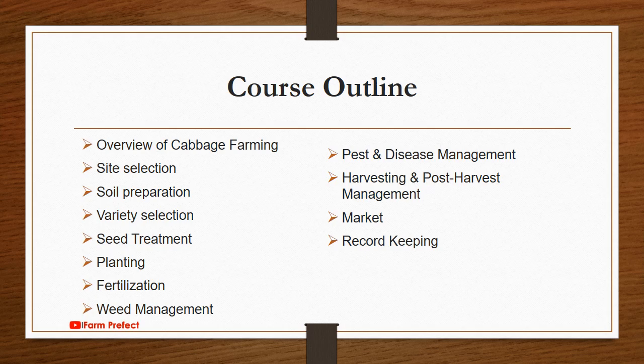In this course, we are going to look at an overview of cabbage farming in Ghana, and we are also going to look at how to select sites. We are also going to look at the soil preparation, variety selection, and how to treat the seed.